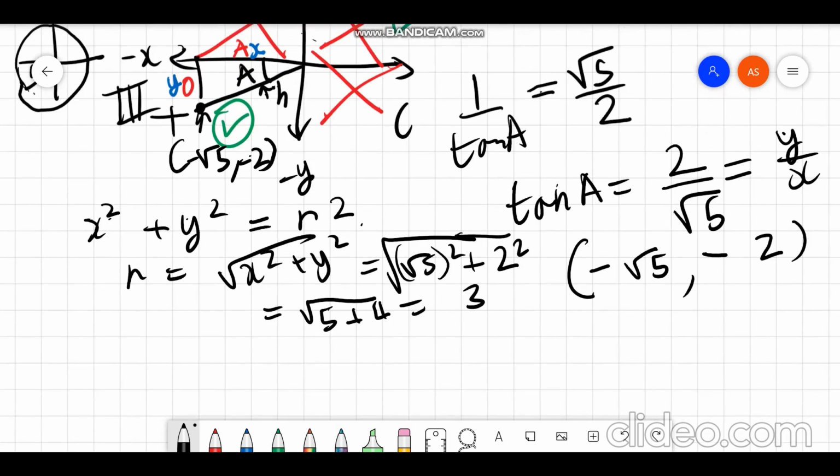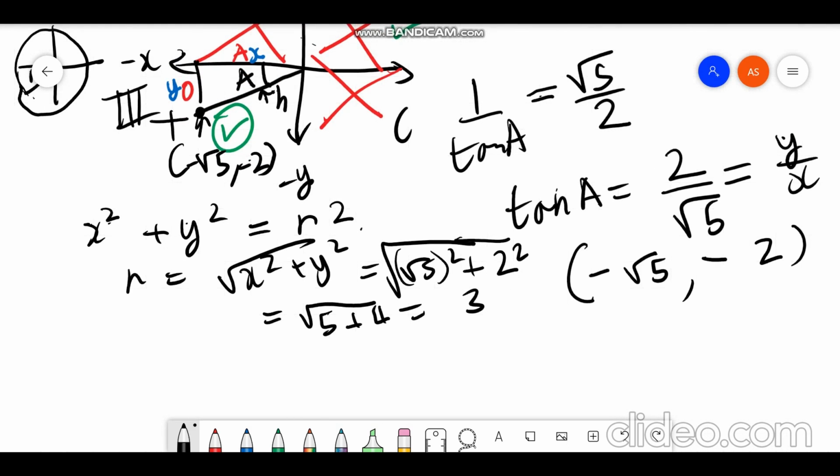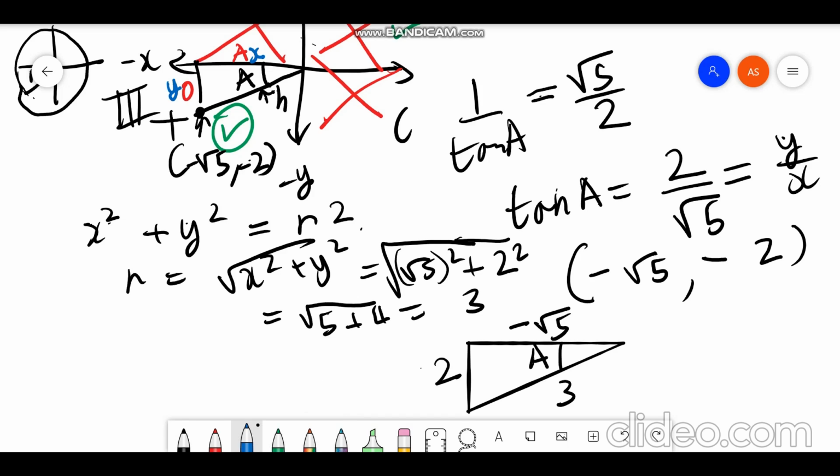Now what we have: this is 3, and this is negative root 5. This is 2. So we have this x, this y.